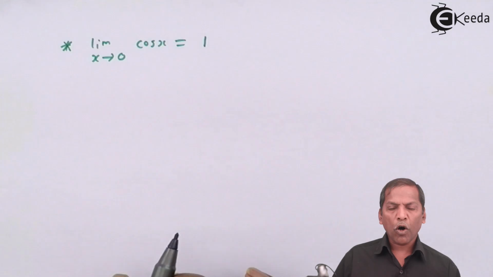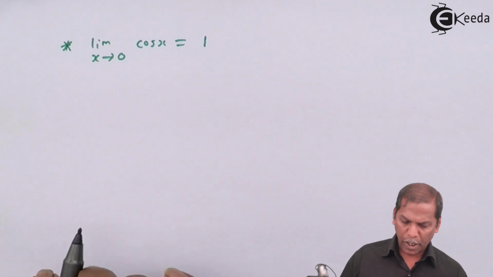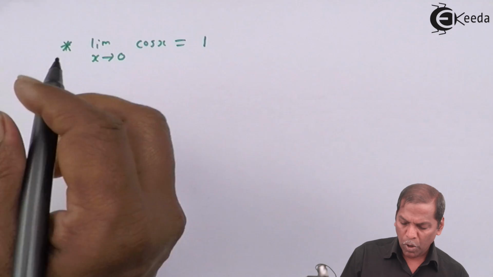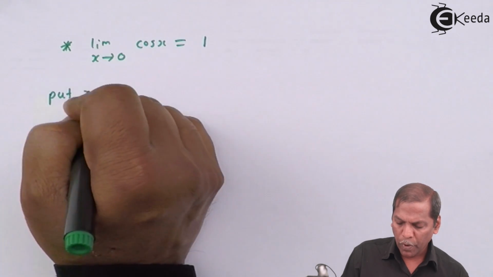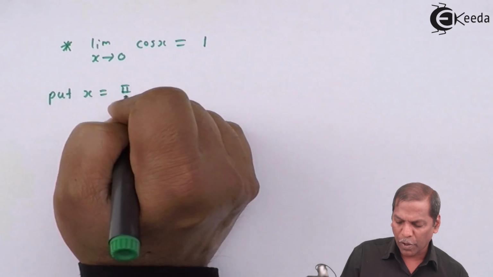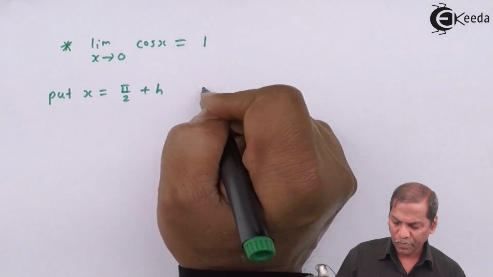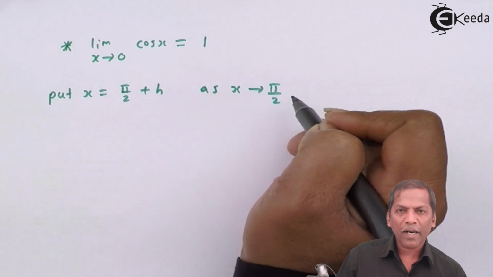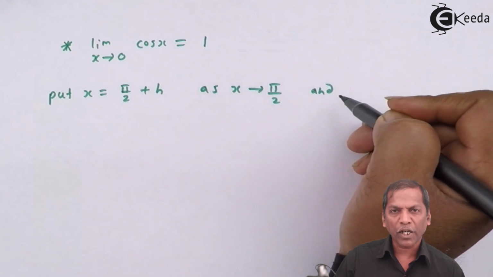It means for the cos function the limit should be 0 to get the rule, and in the present case the limit is x tends to pi by 2, and therefore in this case we put x is equal to pi by 2 plus h, as x tends to pi by 2 and h tends to 0.